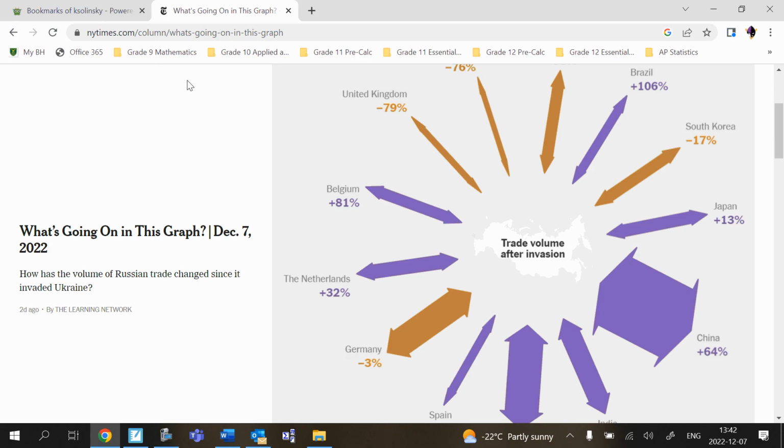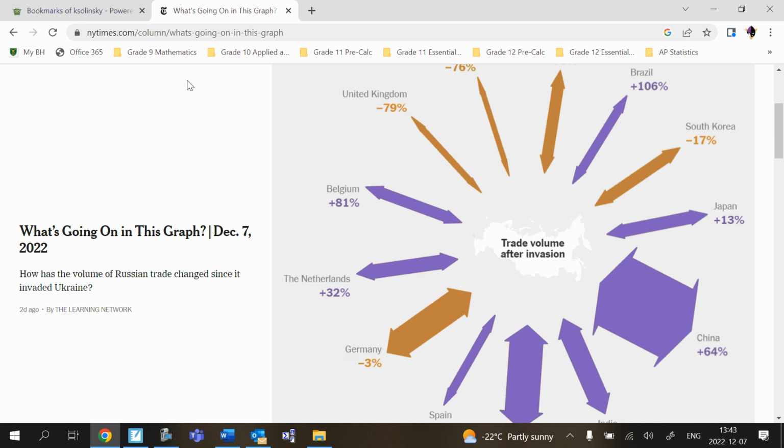So you can see, was there more or less going to Russia after the invasion? And you can see that some countries like Brazil and China, and I wonder what this country would be down here. Turkey.